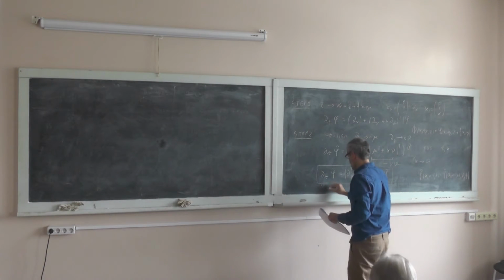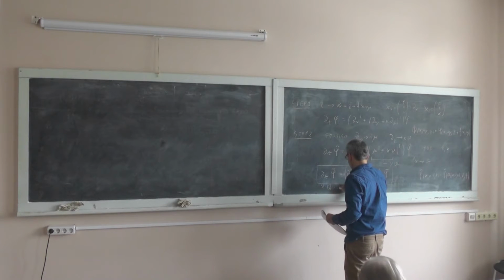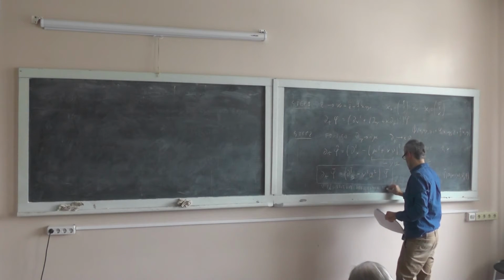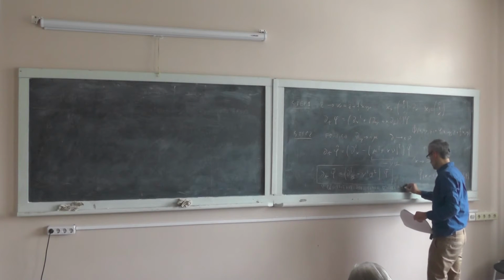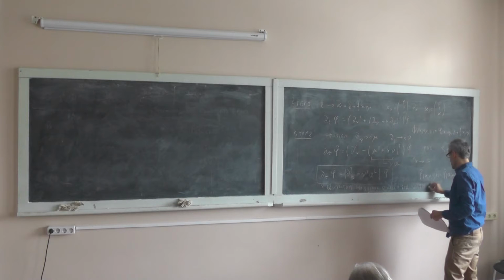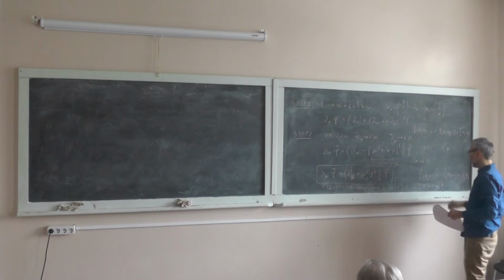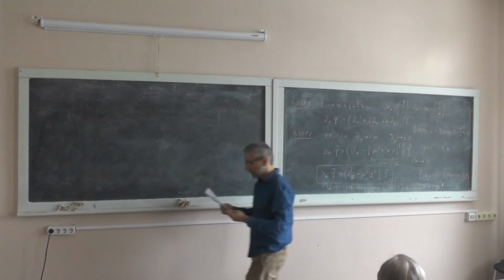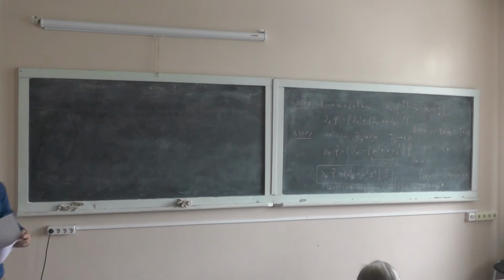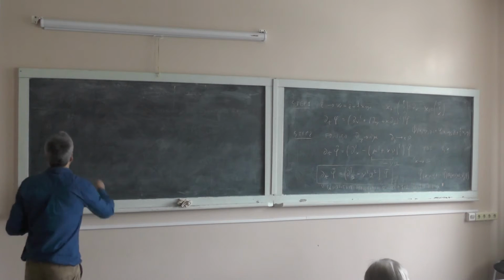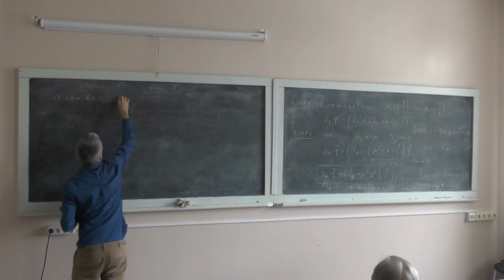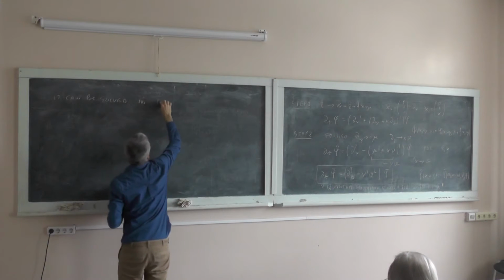So this is the quantum harmonic oscillator without the i. It is not the Schrödinger equation, but it is the heat equation. And so this can be solved in terms of Hermite polynomials.